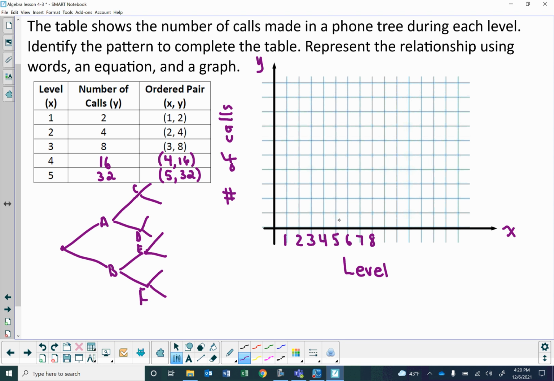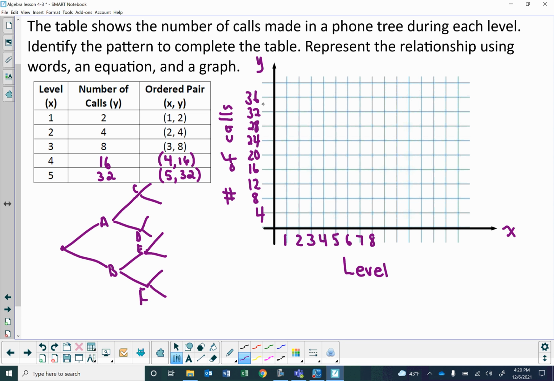Number of calls. I'm probably going to go up by 4s because everything goes up by 4s. 2, 4, 6, 8, 10, 12, 14, 16, 18, 20. Nope, I'm going to go by 4s. So this is 4. This is 8, 12, 16, 20, 24, 28, 32, 36.